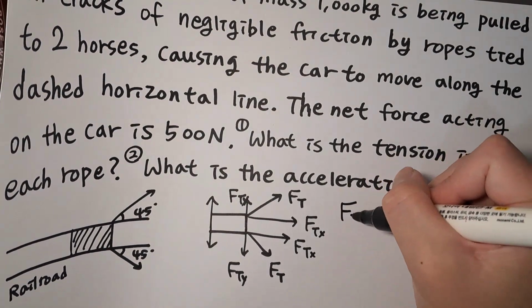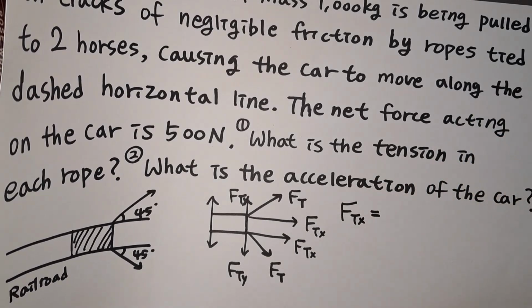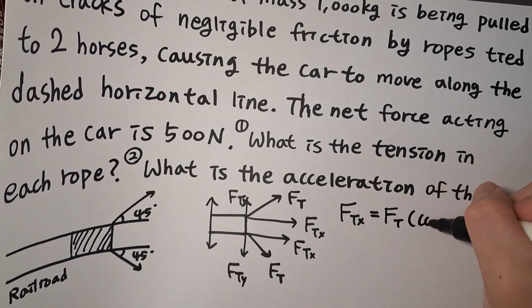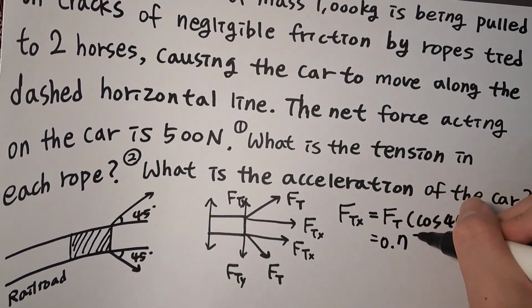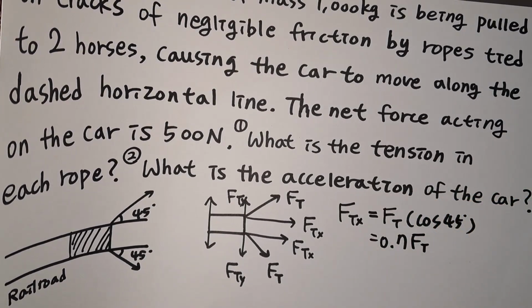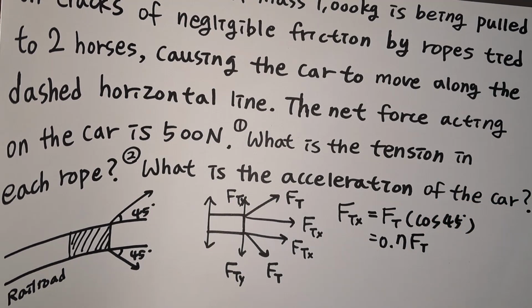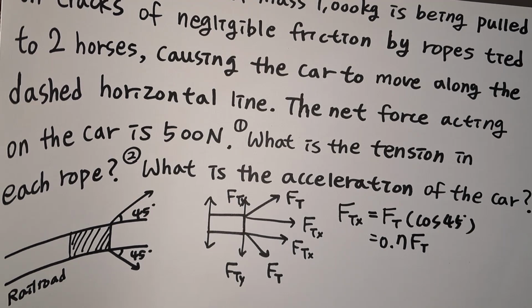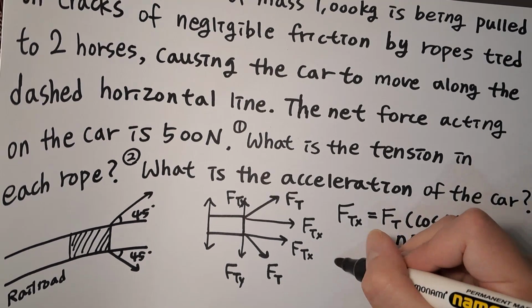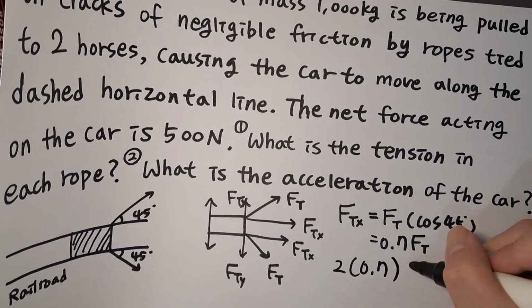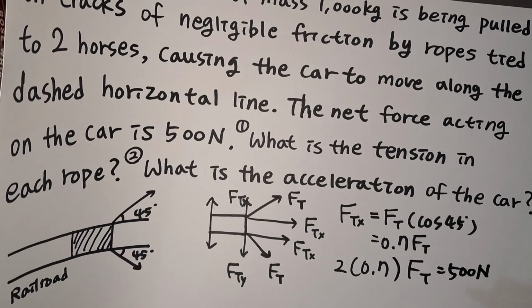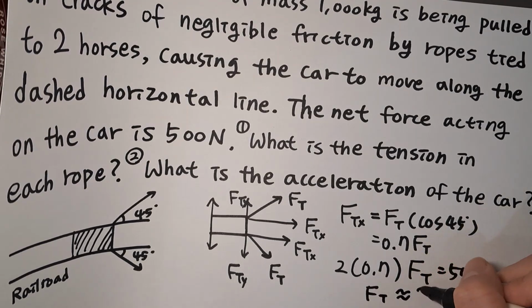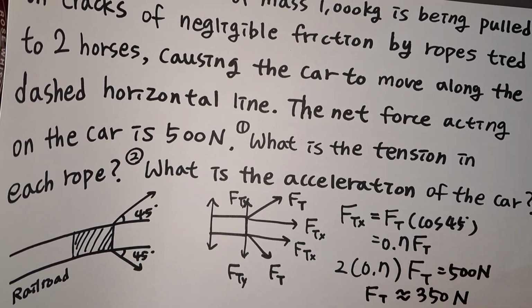So the tension force in the x direction is going to be this. Since there are two horizontal components making up the net horizontal force of 500 Newton, the force of tension is going to be 350 Newton.